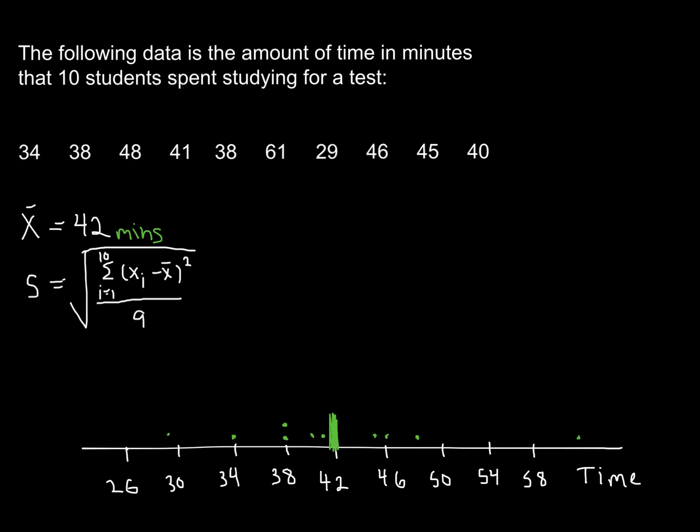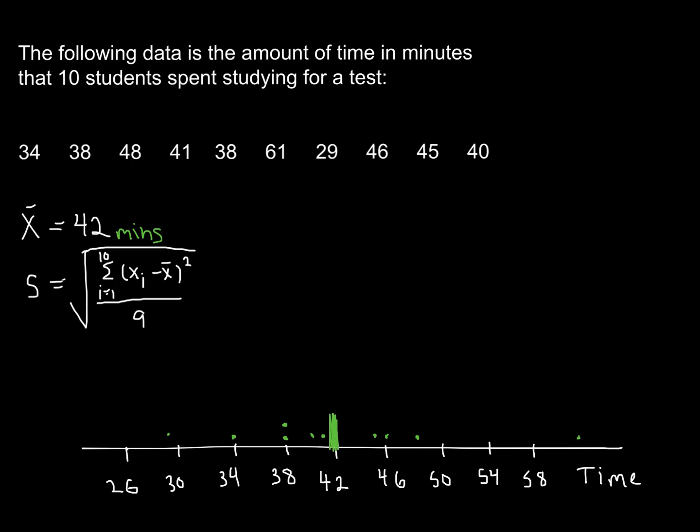Now, standard deviation is the average distance from each data point to the mean, okay? So the way that we're going to compute this is we're going to look at all the deviations from each data point to the mean and then try and compute an average. It's a little different than how we compute the average here, because if you think about it, 34 minus 42, that'll give me a negative distance, but I want to measure distance as a positive value, and so that's why I'm squaring.